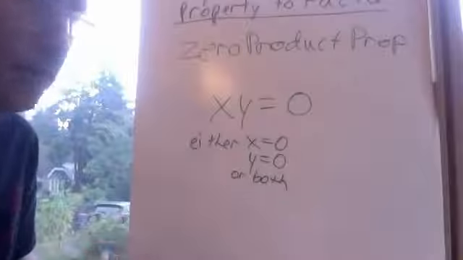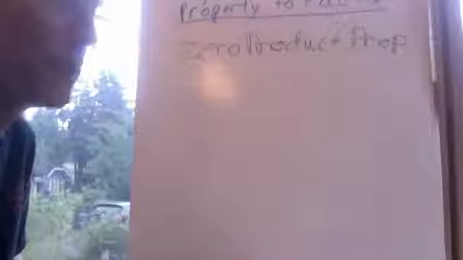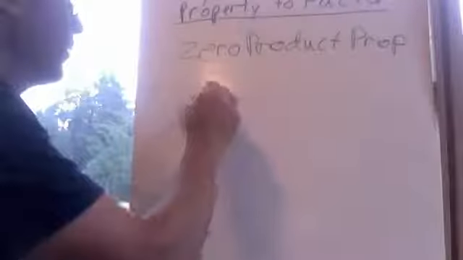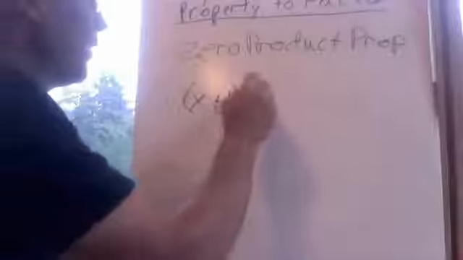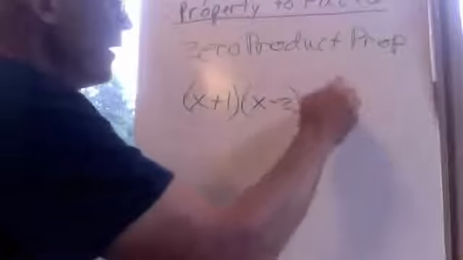Now, again, at first glance, this doesn't seem that handy, but we're going to use it to find answers to what the variables are. So let's say they gave you something like this. x plus 1 times x minus 2 equals 0.